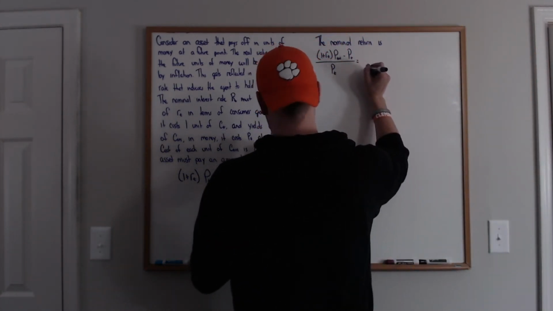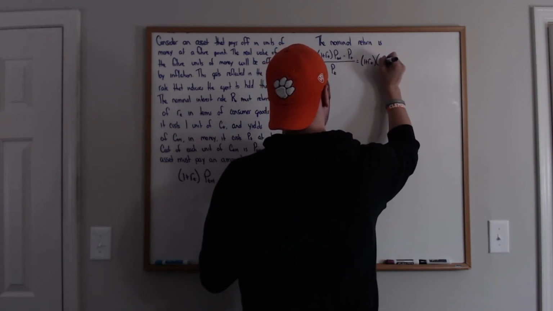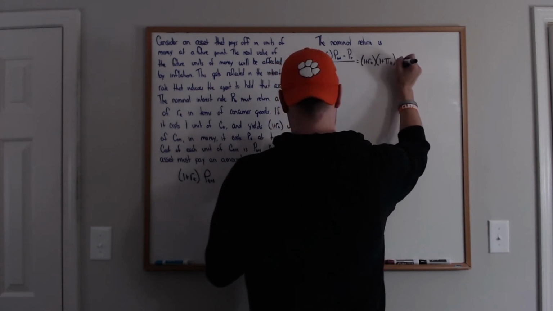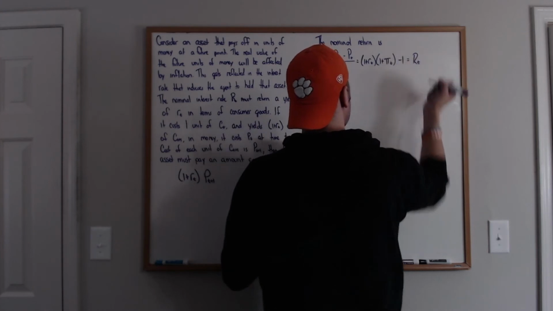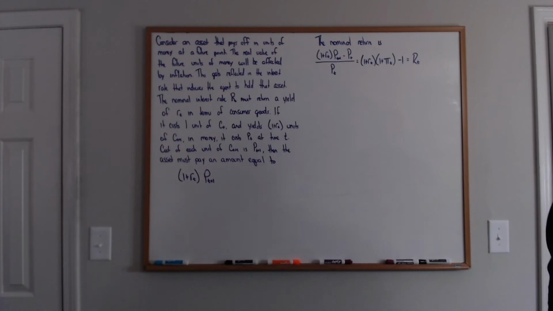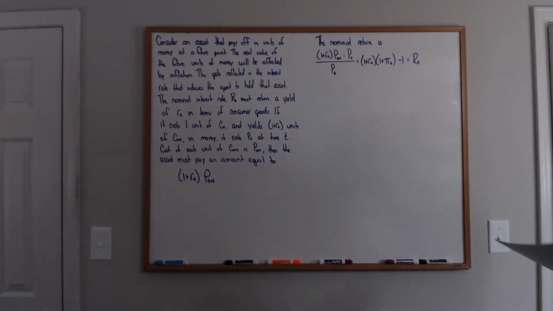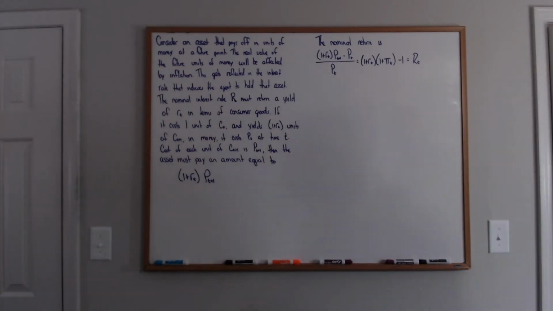This comes out to this: 1 plus r times 1 plus pi, minus 1, is equal to the nominal interest rate. So this is the nominal rate that will induce an agent to hold a bond.